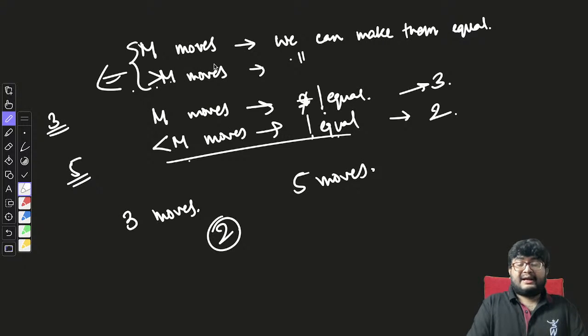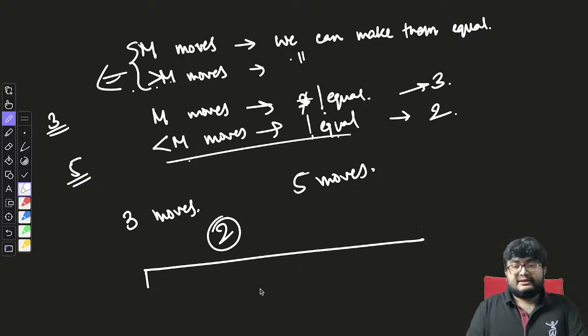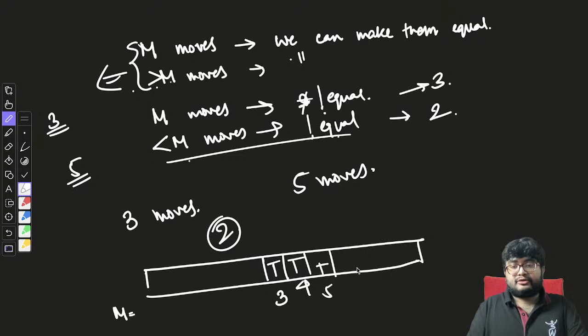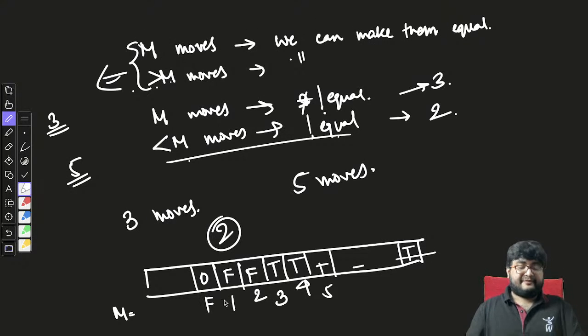Okay. Now if we just think about this statement and create an array where m is the index, we are saying that for index 3, if it is true, for index 4 it will be true, for index 5 it will be true, and it will remain true. Similarly, for index 2, if it is false, for index 1 also it will be false, for index 0 also it will be false.